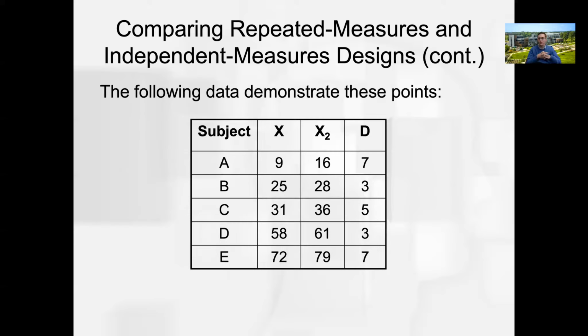And so let's just look at this with actual numbers, right? And so let's say we have 5 different subjects. If we were to do an independent samples t-test, right? If this was sample 1 and this was sample 2, you can see that there is a lot of individual difference in these scores, right? Ranging from 9 to 72 or 16 to 79, right?